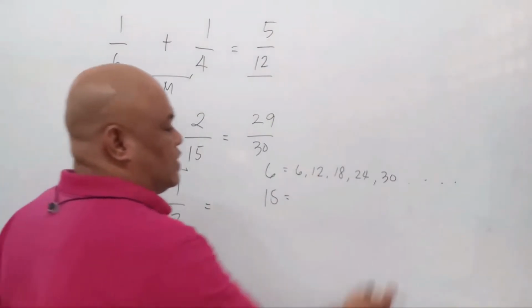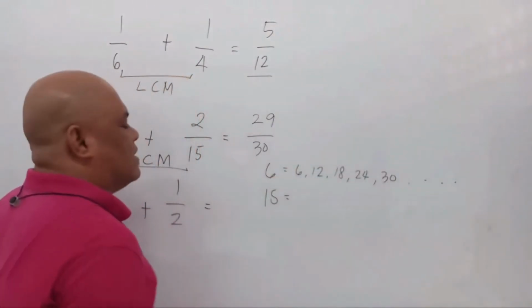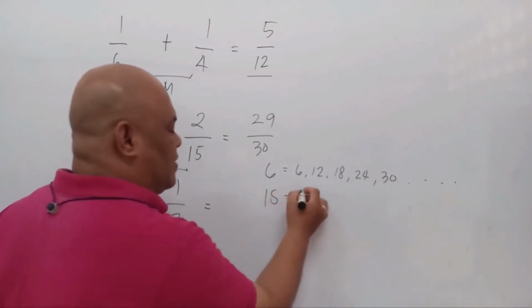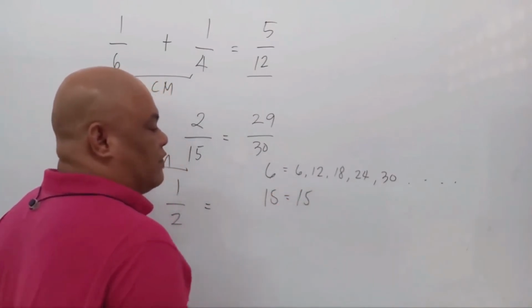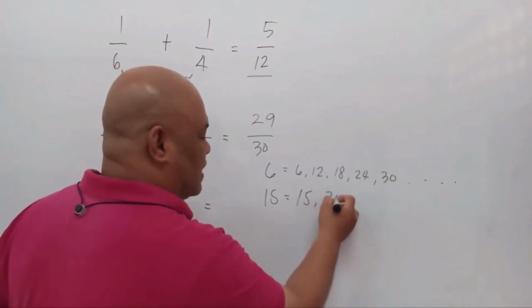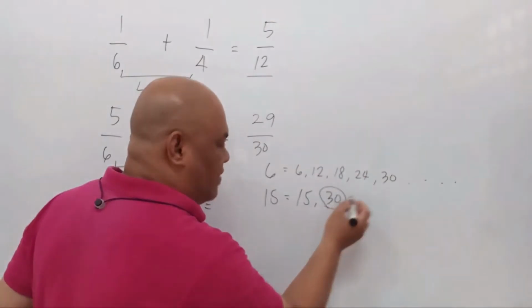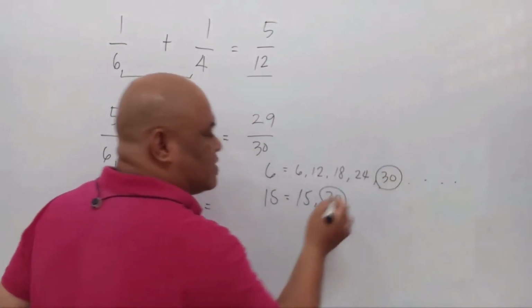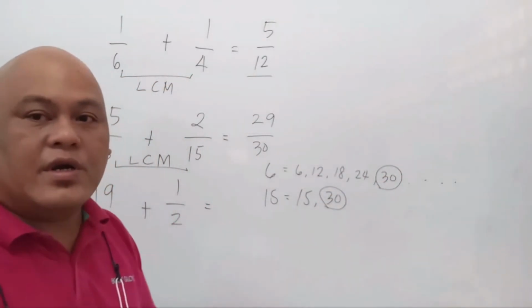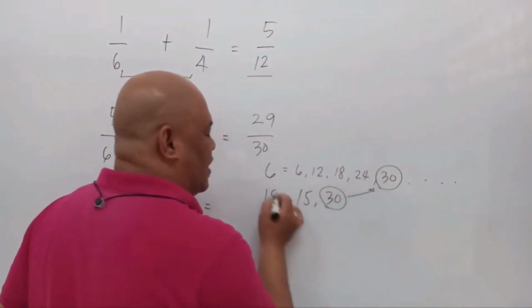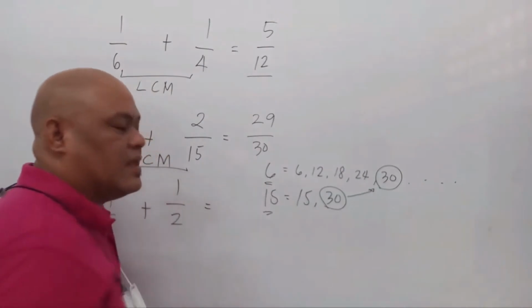36, 42, a lot more. Next is 15. 15 times 1 is 15. 15 times 2 is 30. Oh, we have to stop. Why? Because we have the same number, which is the common multiple of 6 and 15.